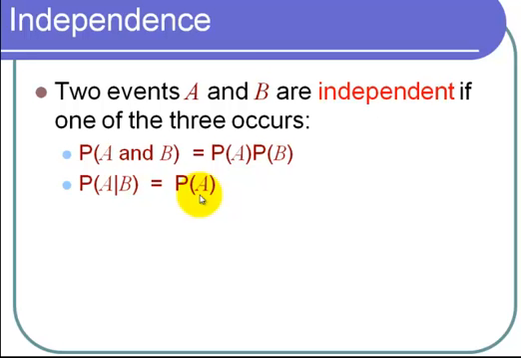This is symmetric, so we can also say that the probability of B given A is equal to the probability of B. So if we know that we had rolled a 6 when we rolled that die, then that gives us no information about whether the coin landed heads or tails. So that's why the probability of B given A is equal to the probability of B. If any of these 3 are true, then all of them are true, and the events A and B are independent.